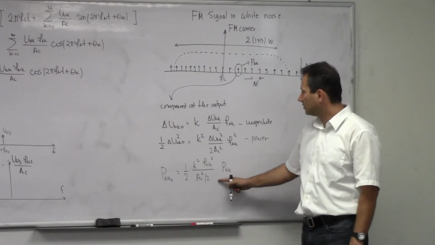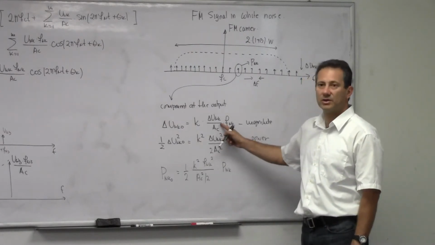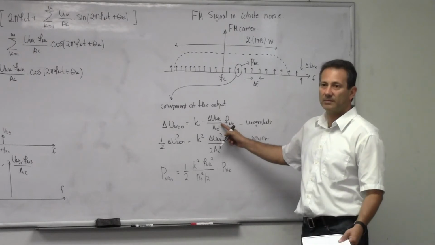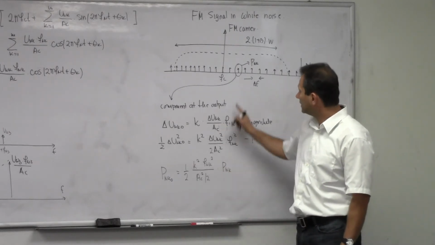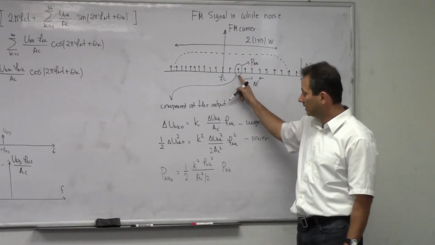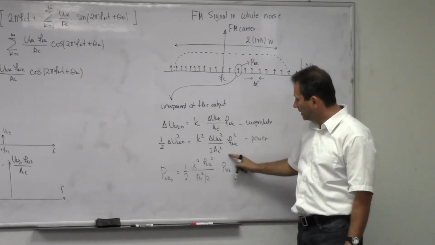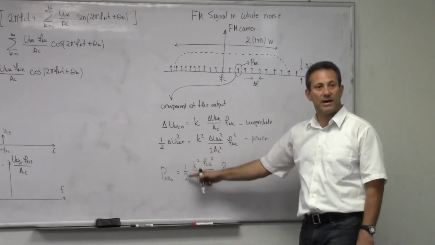And how did I get to this expression? Well, I know how their magnitudes are related. By squaring the magnitude and dividing it by 2, I get the power. So the power at the output that is contributed by this noise component is whatever is the power at the input times this scaling factor here.